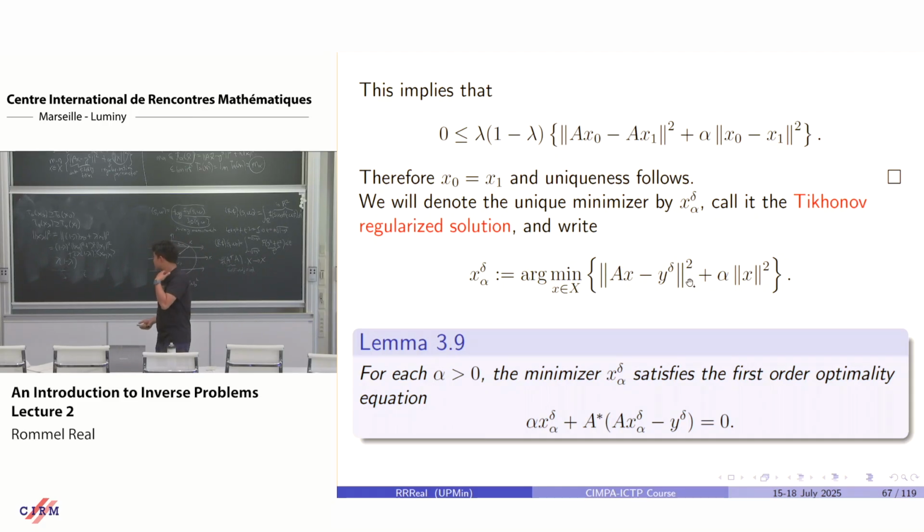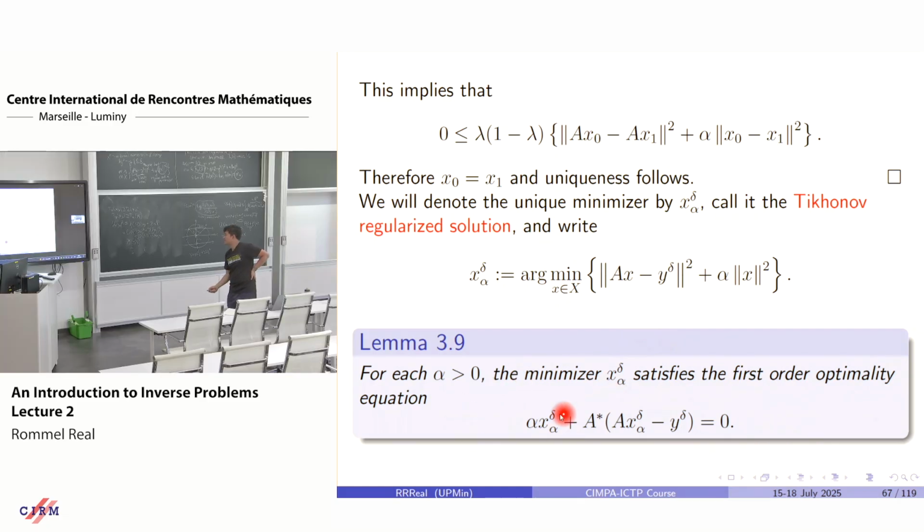In fact, a more useful result is in the following lemma. For each alpha positive, the minimizer x sub alpha delta satisfies this first order optimality equation, which is given by this one. Now, what this tells us is that for this inverse Tikhonov regularization in terms of a linear functional, instead of solving this minimization problem, you can actually proceed to solving this equation.